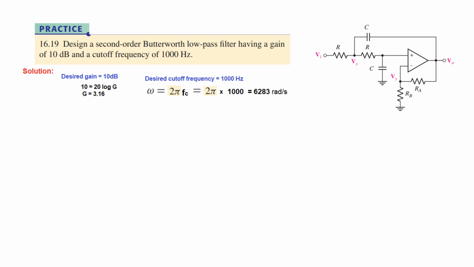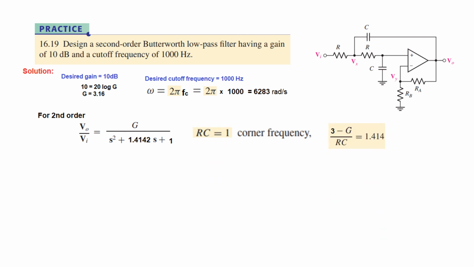And the required cutoff frequency will be 6283 radians per second. This was the formula for the normalized case, where the corner frequency was 1. This is another parameter that will remain the same as in the previous case. So G for the normalized case remains the same, 1.586.